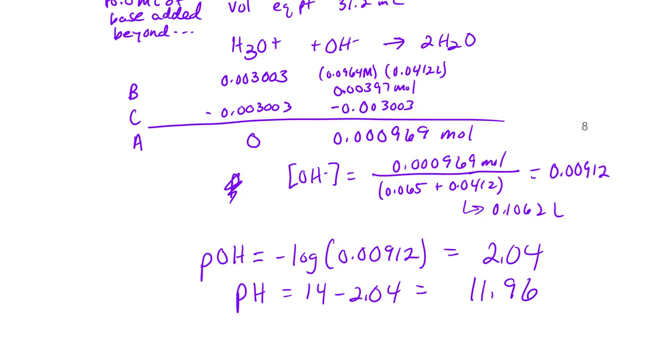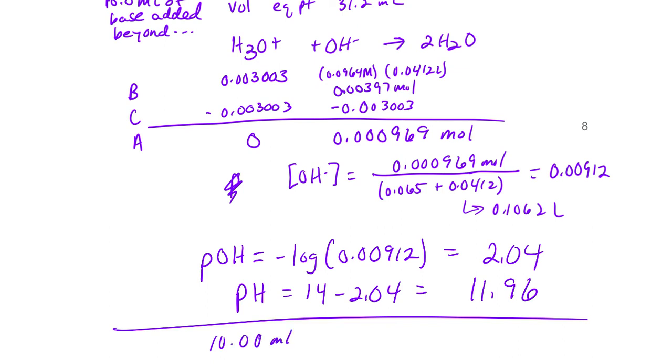Okay. So the other way of doing this is recognizing simply what the problem says is that we're 10 milliliters past the equivalence point. So we have 10 milliliters excess hydroxide that have not reacted with the acid.